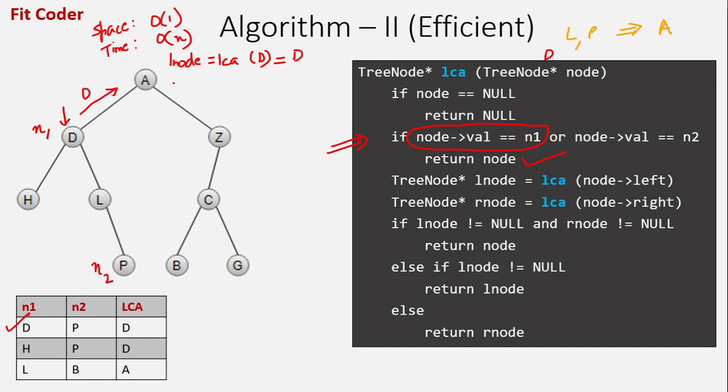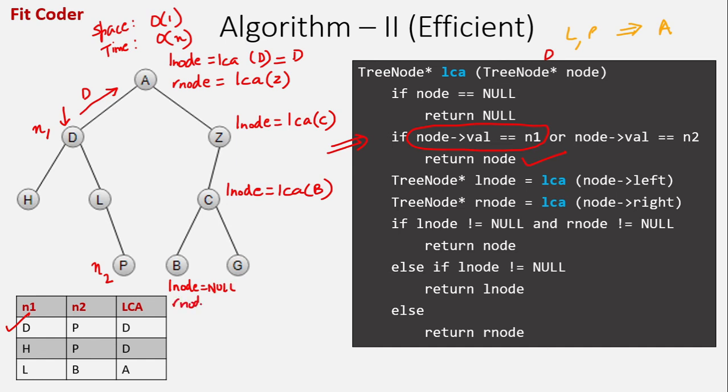So now we have to calculate the R node at A. R node at A will be LCA of Z. We come to Z, and here the L node is LCA of C. Now we come to C, L node is LCA for B. At B, L node is null and R node is also null because left and right is null, and this function returns null.